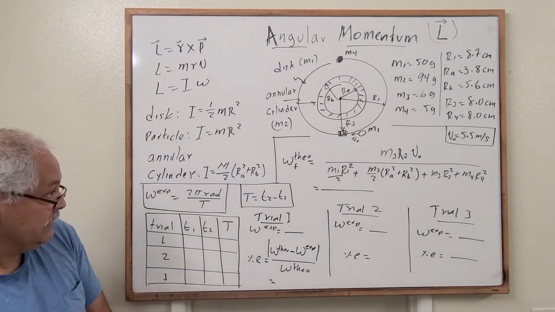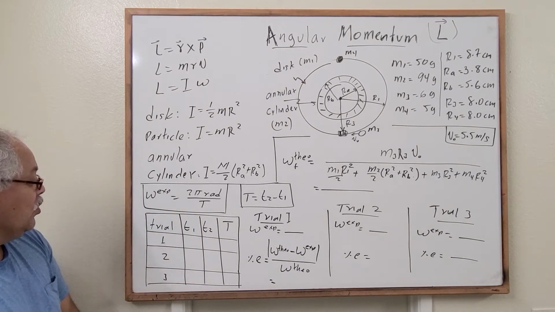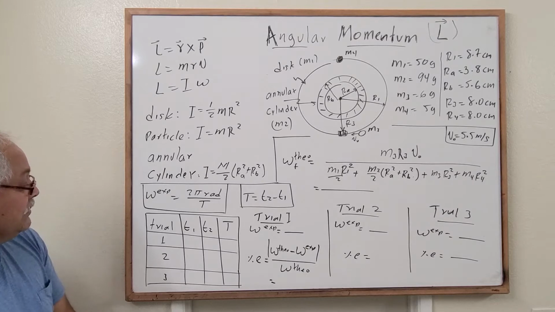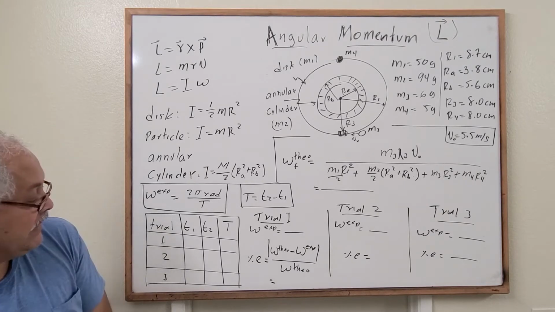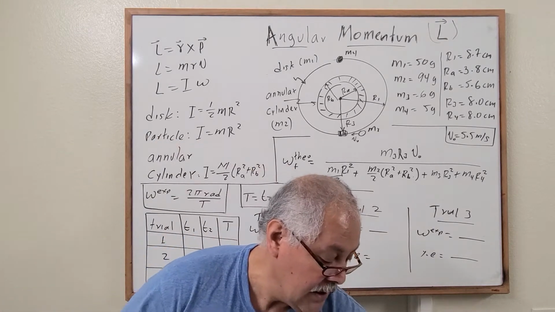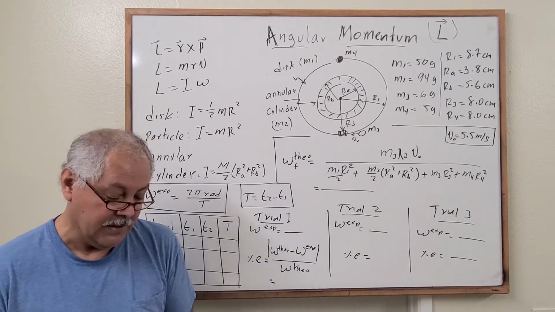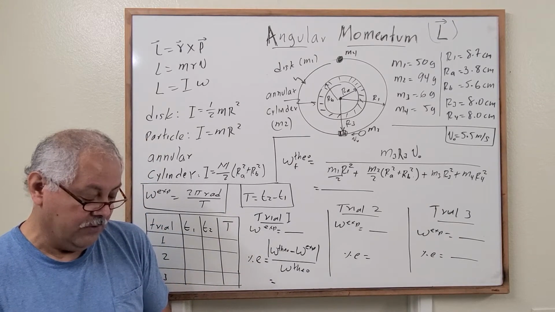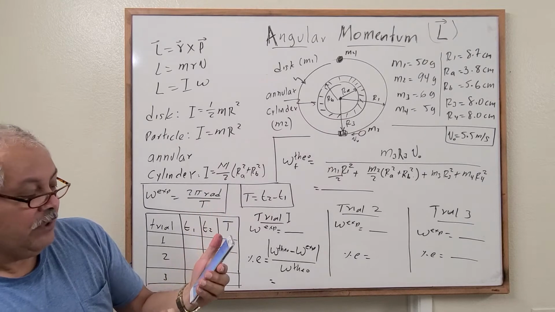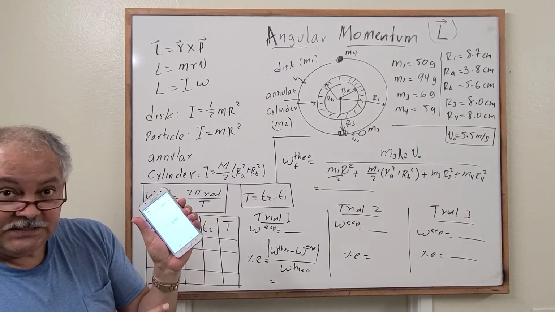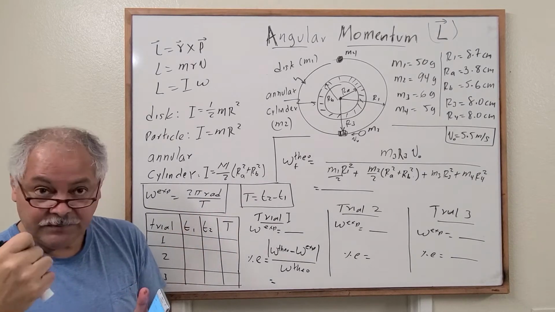In this experiment, we have 3 trials, right? We have a stopwatch given by this cell phone. Because this is not the regular stopwatch, you can't start from 0.